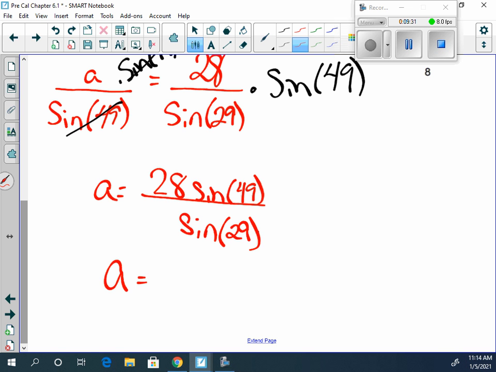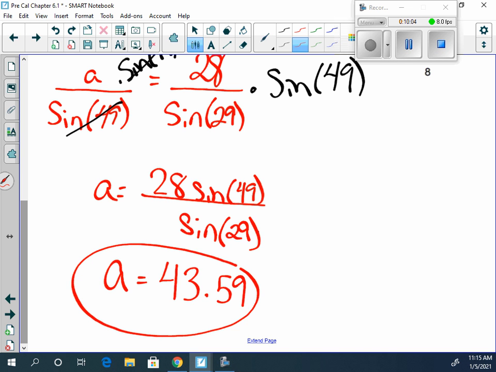And it should be, yep, enter, and then you can do second quit. 43.59 if we round up. And that's it for side length A.